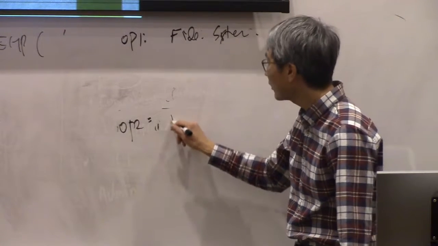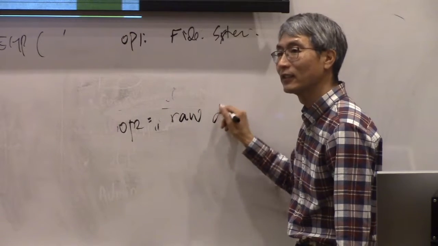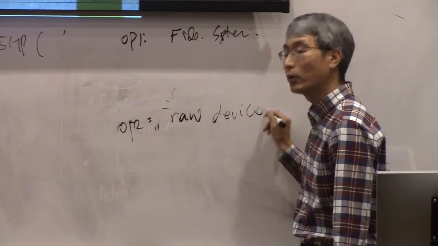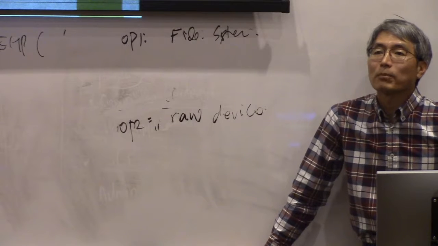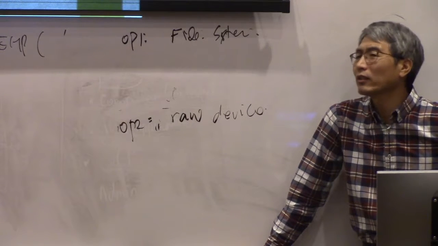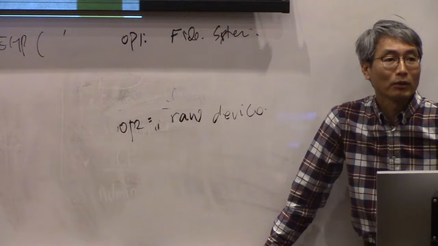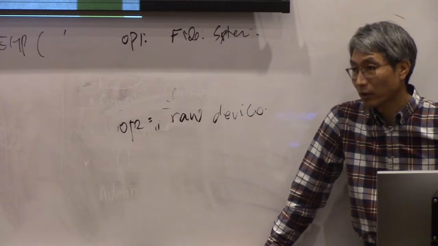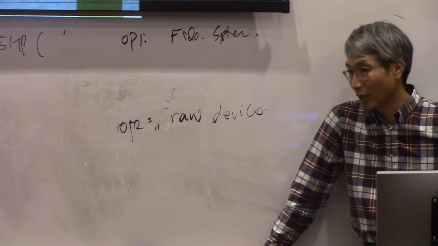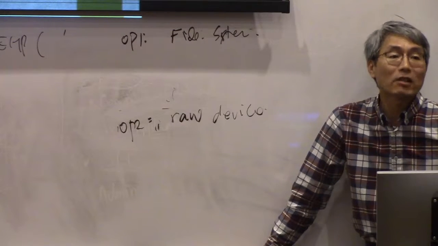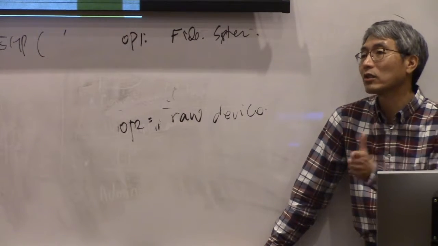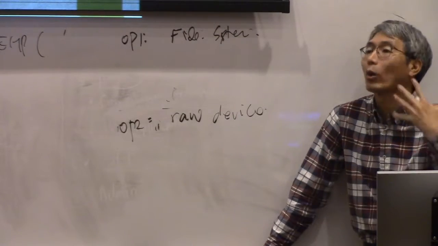You can directly write to the raw device. Each operating system provides 200 to 300 system calls, the system library, so the Unix library or Linux library. All programming languages use such a system library, plus the programming language library, then you can code.